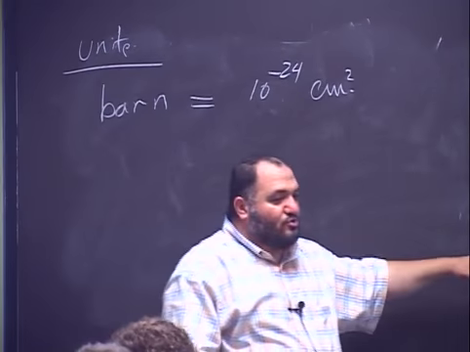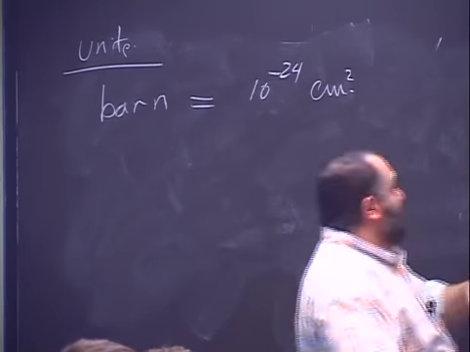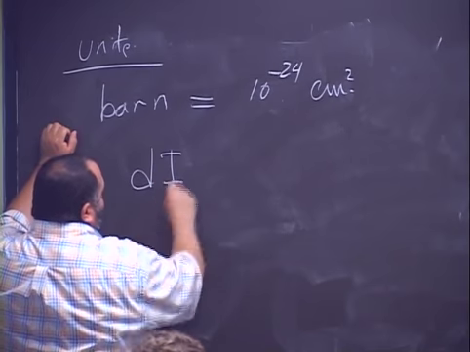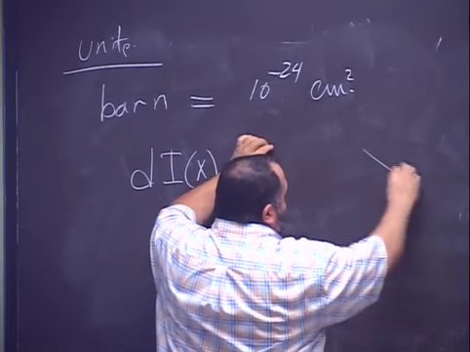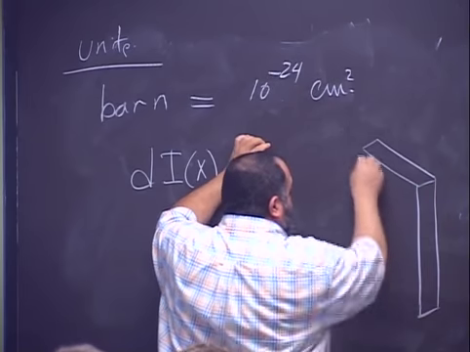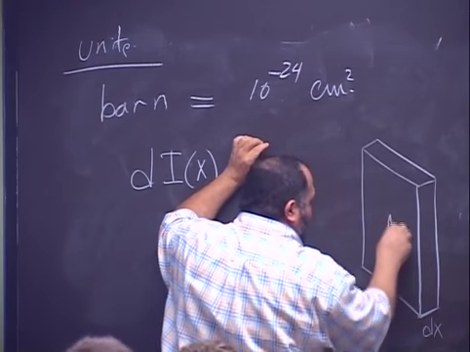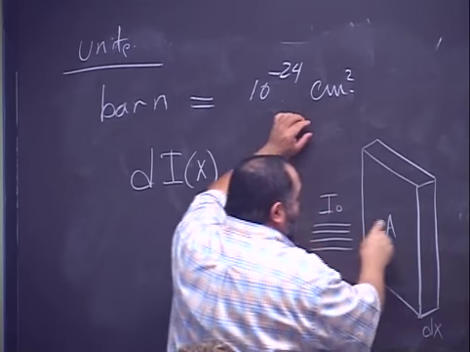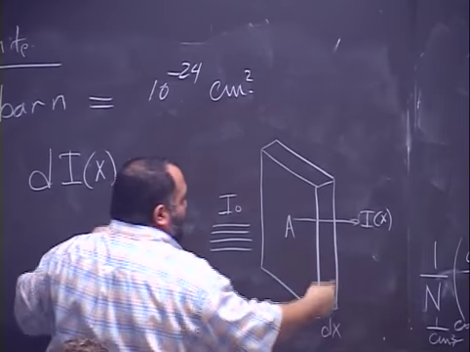One of the things I also want to remind you before I go to the definition of the cross-sections here: if you take this equation, dI, and you name it of x, because if you remember, this is the target here, and it has a thickness of delta x and an area of A, and you have the initial beam here, it was I naught, and then once you get out, the intensity was I after a distance x.